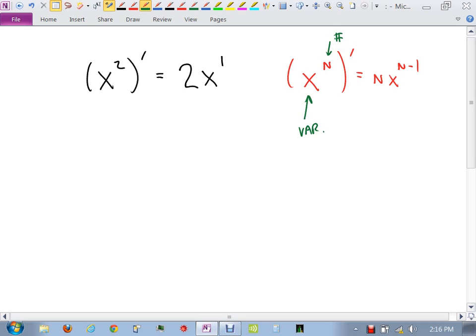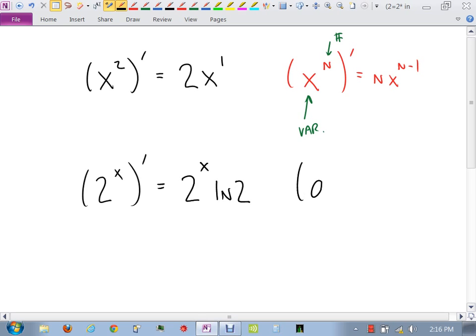If it's the other way around, 2 to the x, all right? The derivative of this is not x times 2 to the x minus 1. You don't bring the power down and subtract anymore. That is not the case. What you do is use the formula I gave you. It's 2 to the x, itself times natural log 2. And that's using the fact that the derivative of a to the x is itself times natural log a.